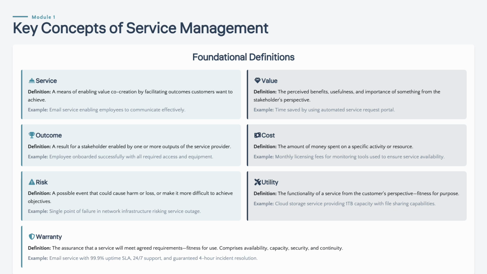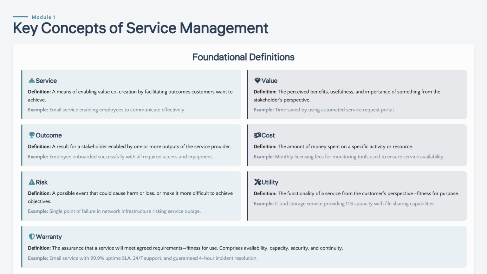Now let's move to another very important ITIL concept which we are going to study: utility and warranty. Guys, try to understand these terms, because they are very closely connected to each other. Sometimes they create confusion. Utility means what the service does.